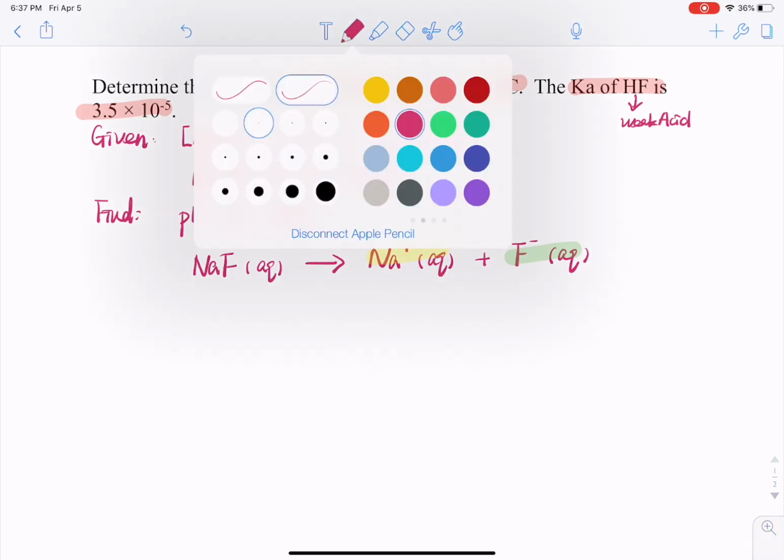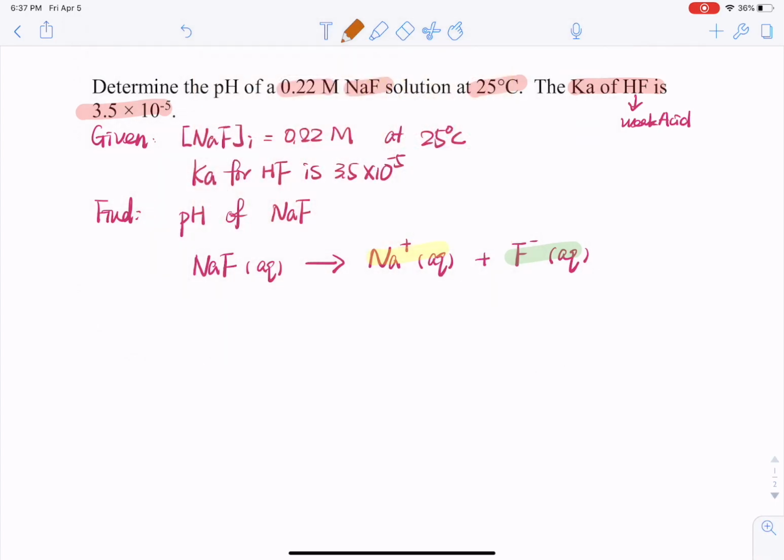The first one is the sodium ion. Where does this sodium ion come from? Sodium ion is the cation of a strong base, which is NaOH. A quick reminder: you do need to know your 6 strong acids and strong bases.